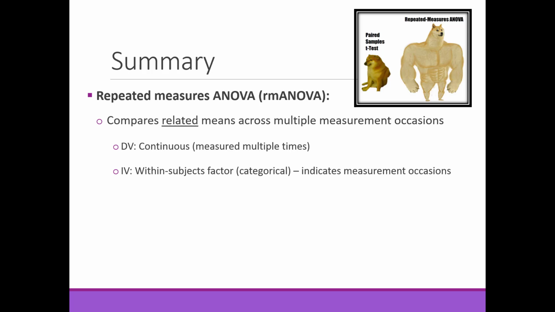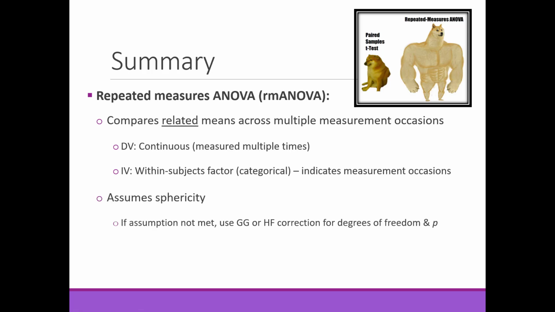And then for independent variable, it is a within subjects factor that is categorical, and each level indicates a measurement occasion. By default, the analysis assumes sphericity, but if the assumption is not met, then you want to use either the Greenhouse-Geisser or the Huynh-Feldt correction for both the degrees of freedom and the p-value. And so we saw how to do that in R.